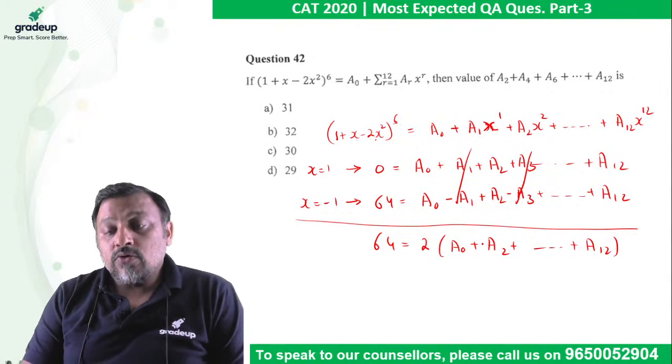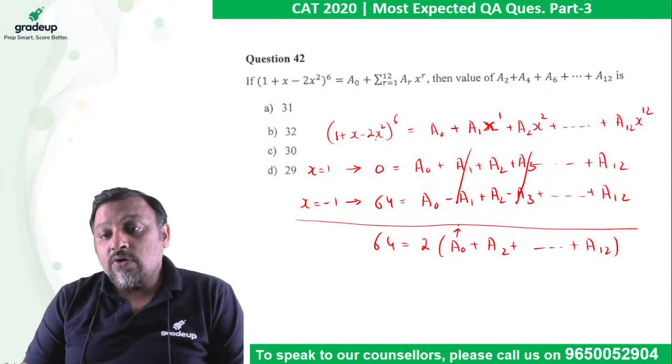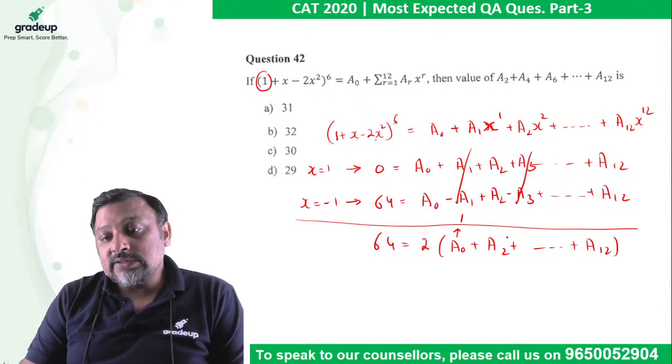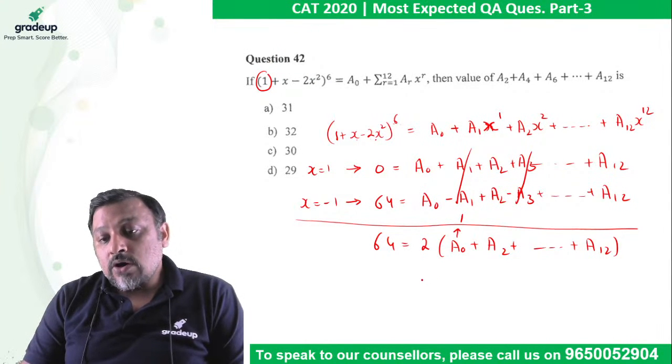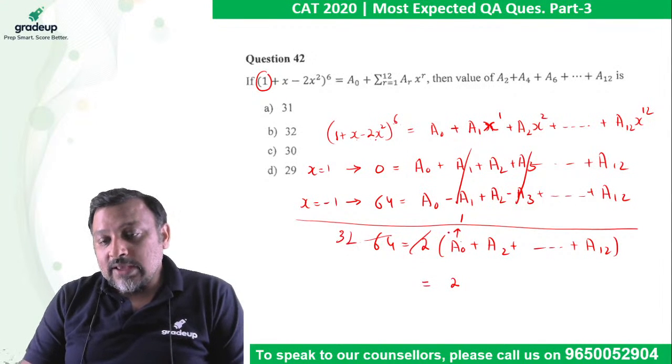a12). Okay, and if we know the basic concepts of binomial, we know the value of a0 has to be 1. This is the only term which is independent of x. So this is 1 here. So now can we say this is 32. So a0 is 1.